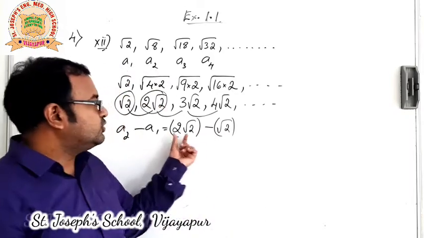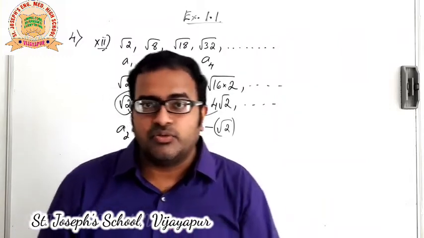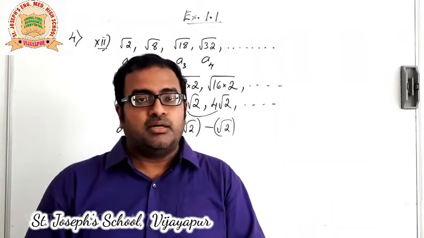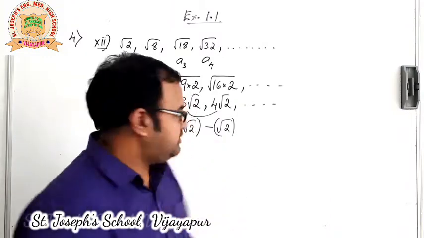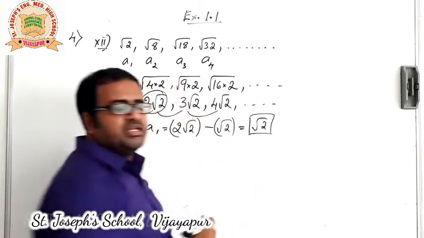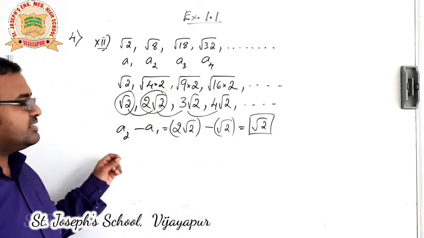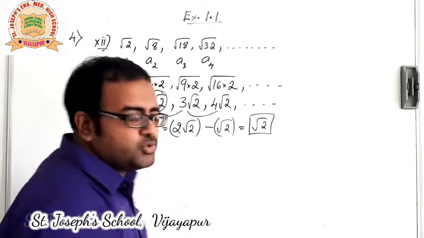Similarly, 2 root 2 minus root 2. I generally tend to take examples of eatables. It's like 2 apples minus 1 apple. What happens? 1 apple. So, this is equal to root 2. That is the difference. Now, let us try the same for the next two consecutive numbers, that is a3 minus a2.